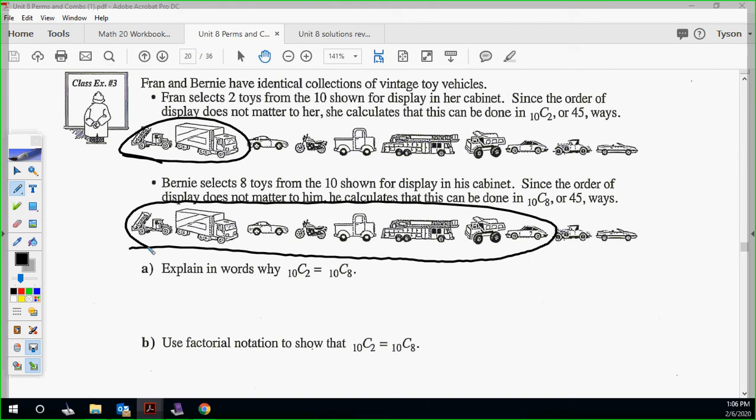If I select just 2, what's left out? If I select 8, what's left out? That's the same answer. How many ways I can leave 8 out is the same as how many ways I can leave 8 in. So the symmetry of 2 and 8 is because the left out and left in is essentially symmetric. Okay? So 10C2, if I take 2, there's 8 left over. It is the same if I picked 8 and 2 are left over. There's going to be the same amount of combinations of that.